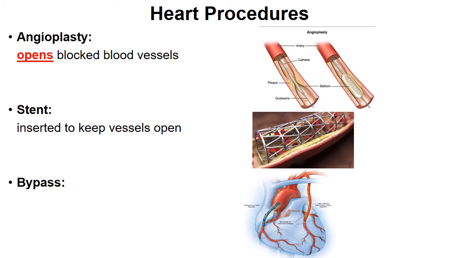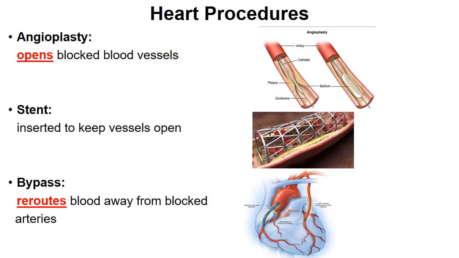Otherwise, heart attack, strokes, etc. occur. So by rerouting this blood, it hopefully is ensuring that the blood is getting to all of your body parts. If you know someone that's had a triple bypass or quadruple bypass, the bigger the number, the more arteries and veins, specifically arteries, they are rerouting. So it reroutes blood away from these blocked arteries to keep the blood flowing to all of your body parts.